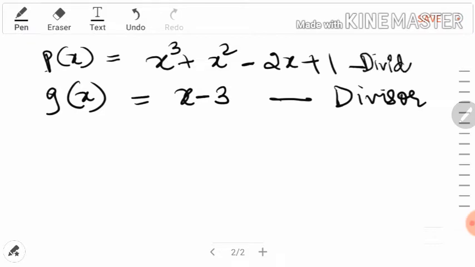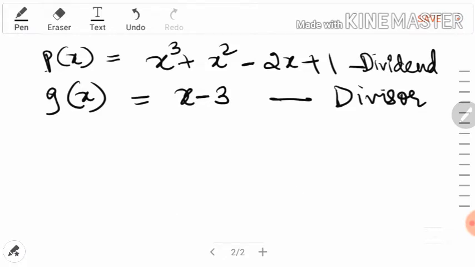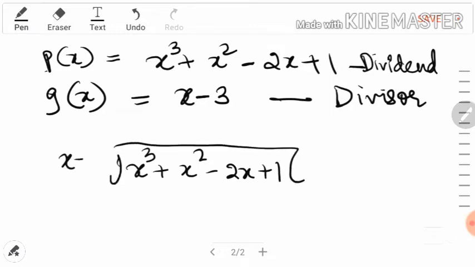P of x is the dividend and the other polynomial, x minus 3, is the divisor. Before starting to divide, we will arrange the terms of the dividend in descending order of the power of variables. In this polynomial, this is already done. So we will write it down, x cube plus x square minus 2x plus 1 divided by x minus 3.